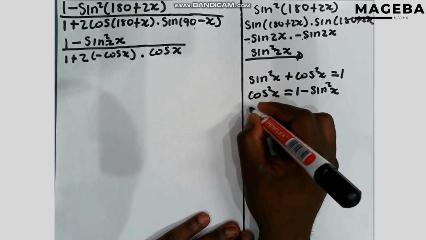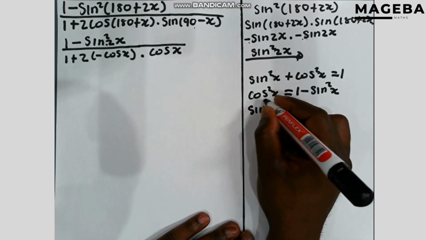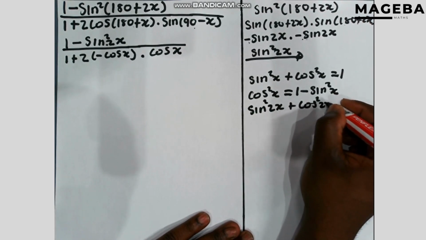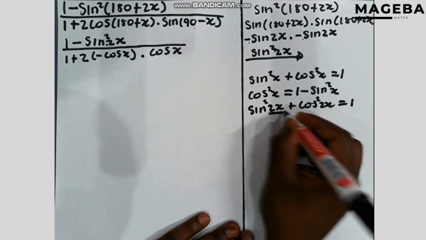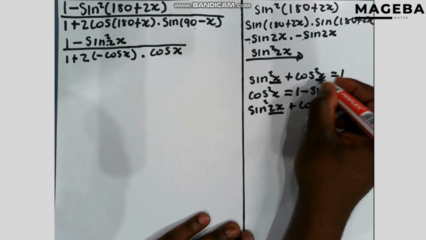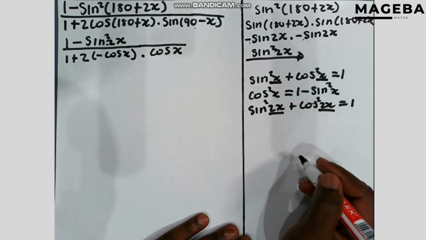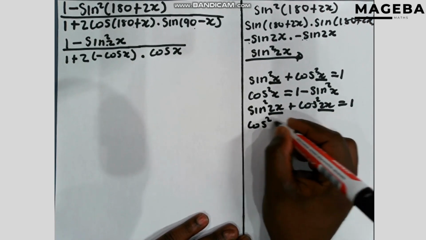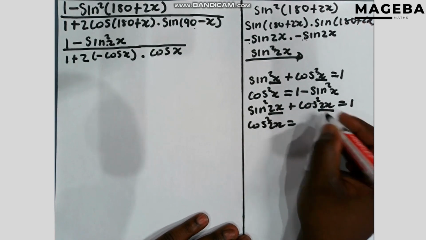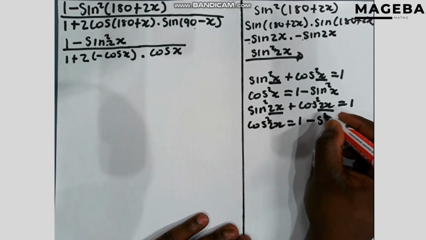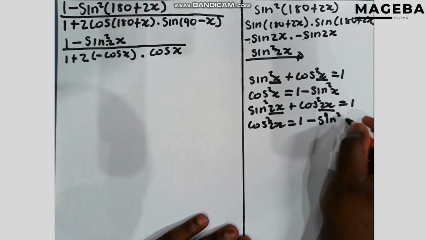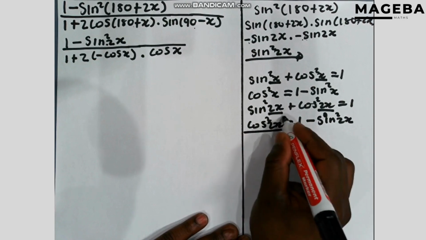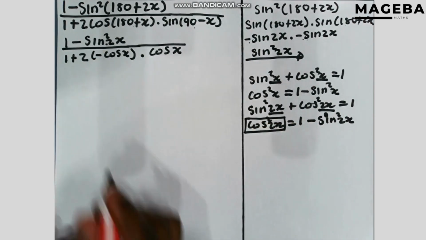This is one and the same thing as sine squared 2x plus cos squared 2x. The only difference here is the angles, but both of them equal 1. So making cos squared 2x the subject of the formula is just going to be 1 minus sine squared 2x. So this thing equals this. I hope you get that one.